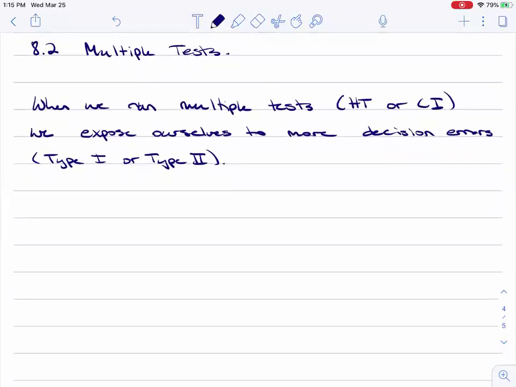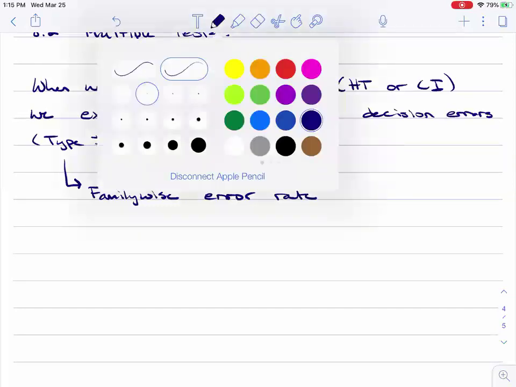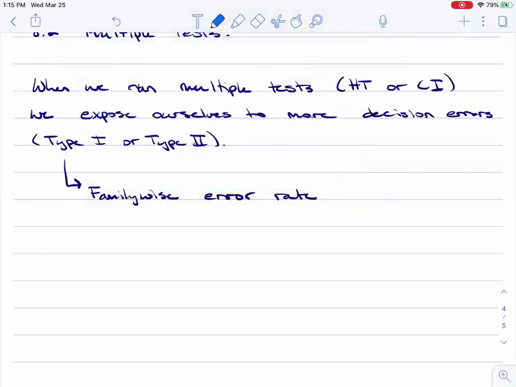We're going to be differentiating between a family-wise error rate. Right, so this is if you run multiple tests. So this is in a family of multiple tests.